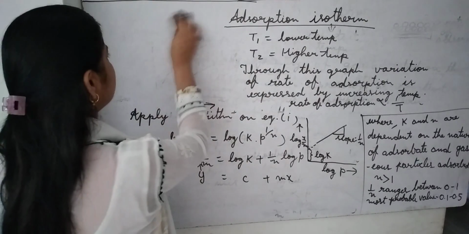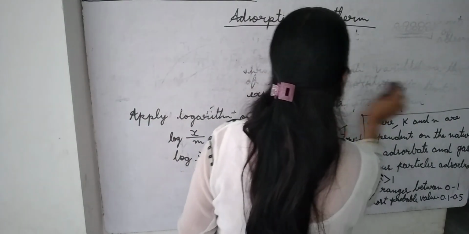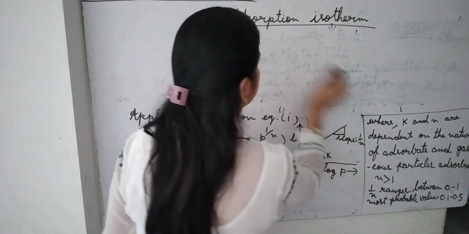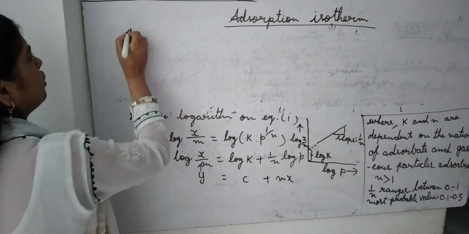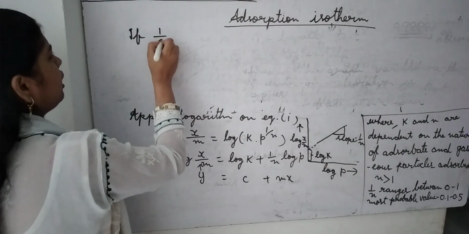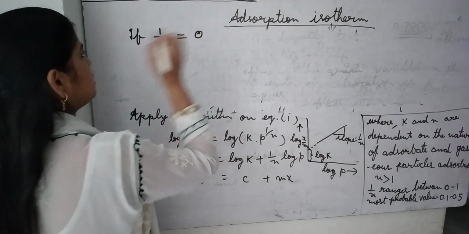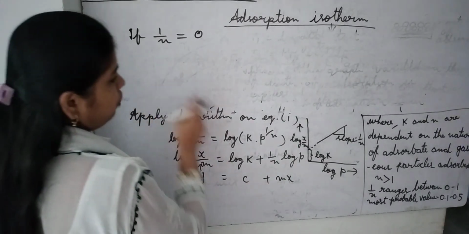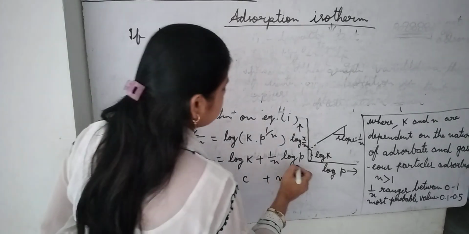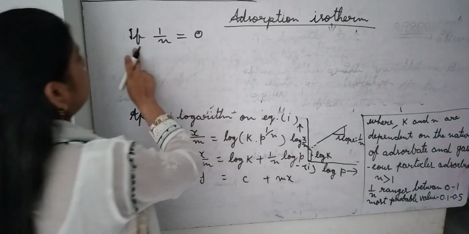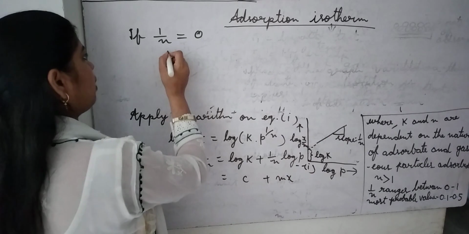So the two terms that he discussed: if 1 by n is equal to 0, and now we are applying this value in equation 1.